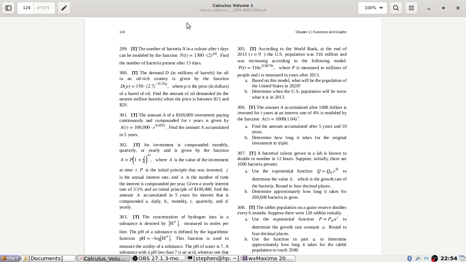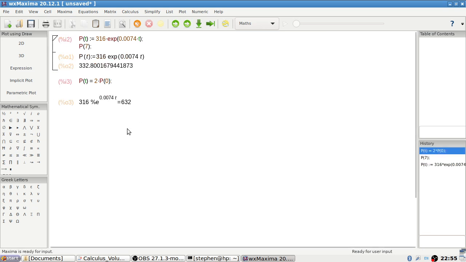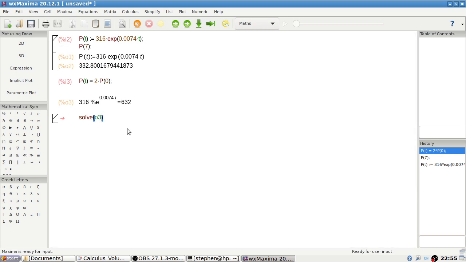Determine when the US population will be twice what it was in 2013. Again, assuming the end of 2013. So when will P(t) equal 2 times P0? We want to solve, now let's see, I hope we can solve this exponential.